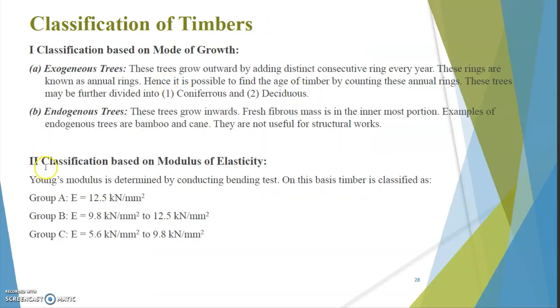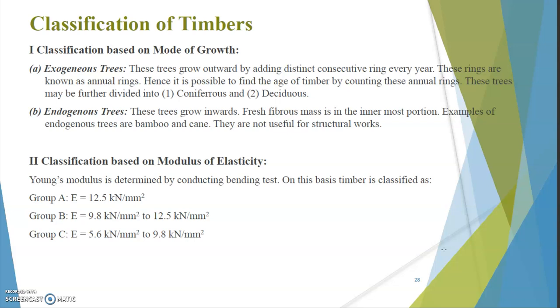The second classification is based on modulus of elasticity. You would have studied modulus of elasticity in your physics subject, where for an elastic material, stress and strain are proportional to each other up to an elastic limit. That is Young's statement. Based on that statement, we have an elasticity constant for each and every material.